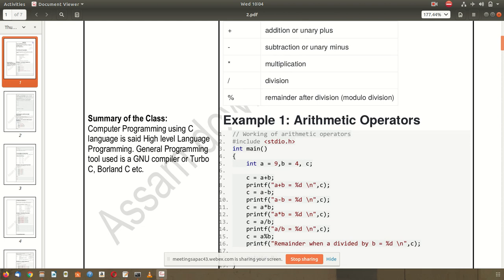So all is the same, the only difference is that for multiplication, instead of the x, you will use the star. And modulo division is the remainder of division; its symbol is percentage.